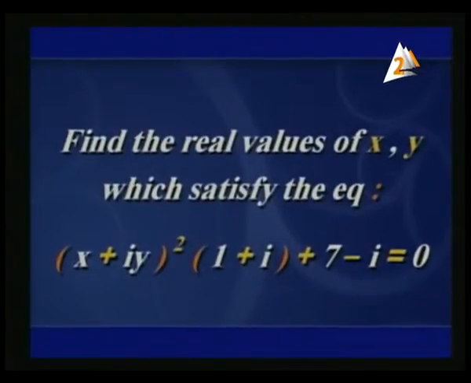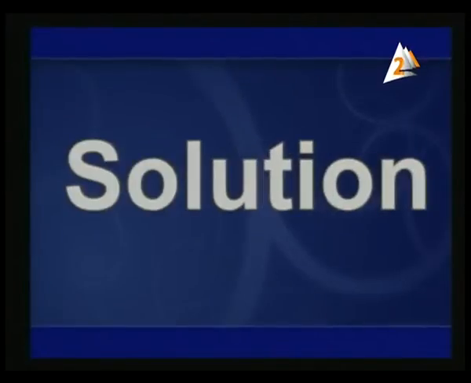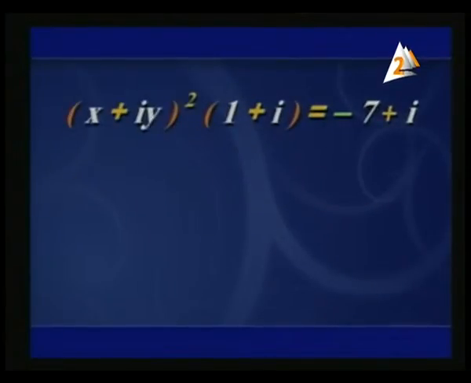Find the real values of x and y which satisfy the equation x plus iy all squared times 1 plus i plus 7 minus i equals 0. Solution. x plus iy all squared times 1 plus i equals negative 7 plus i.